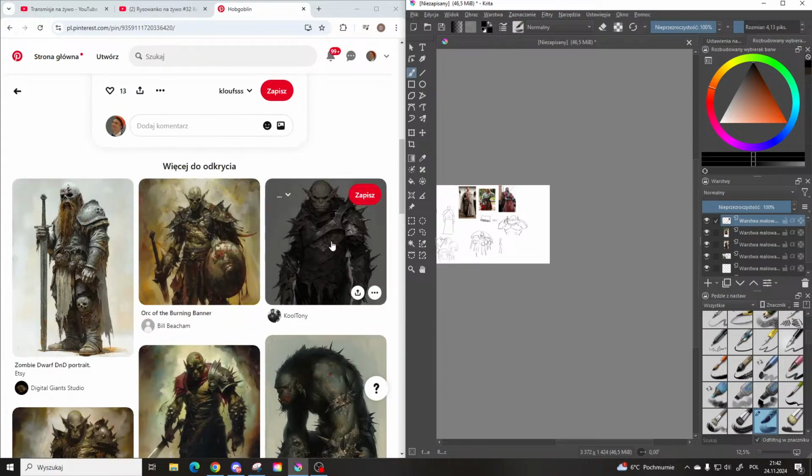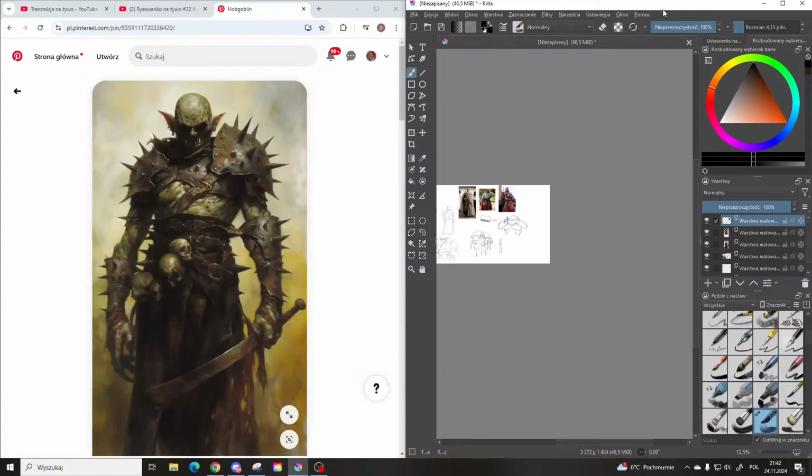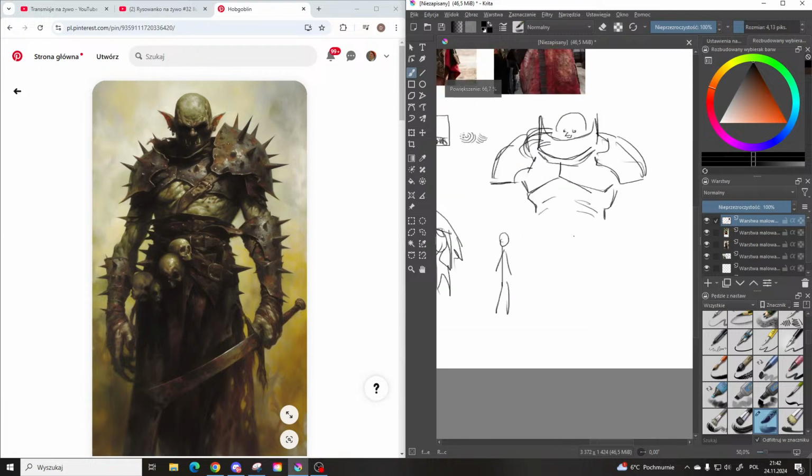Okay, so let's just do. Ah, yeah, and I like this belt. Not every single detail of it, but the general shape it has. So I'm just doodling quick sketches.